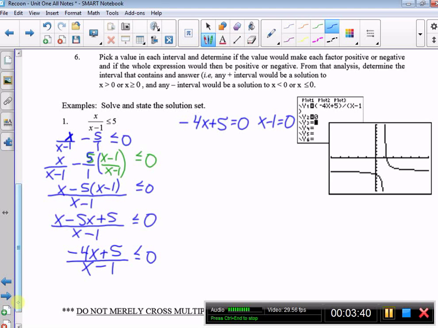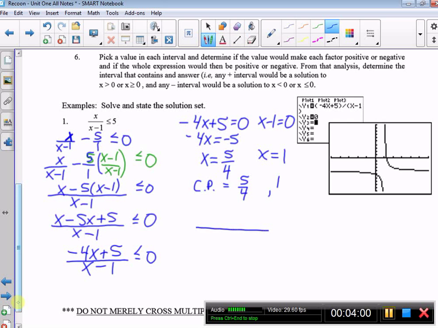And when we solve that, we get negative 4x equals negative 5, x equals 5/4, and x equals 1. So our critical points are 5/4 and 1.